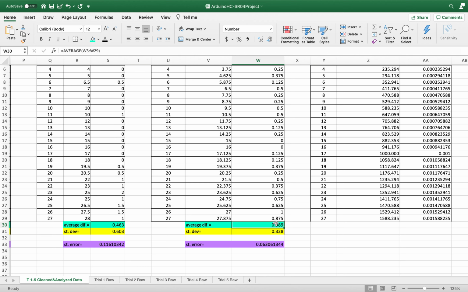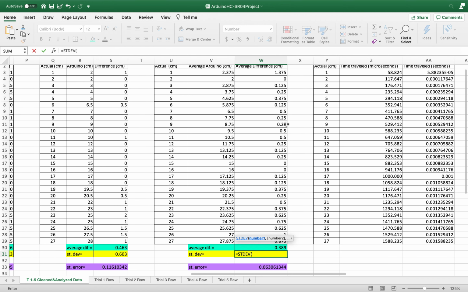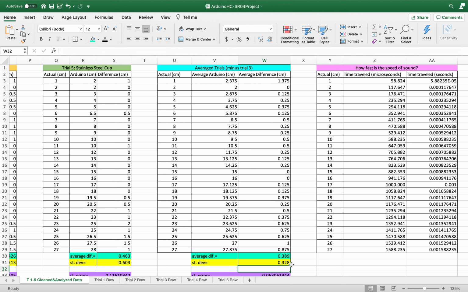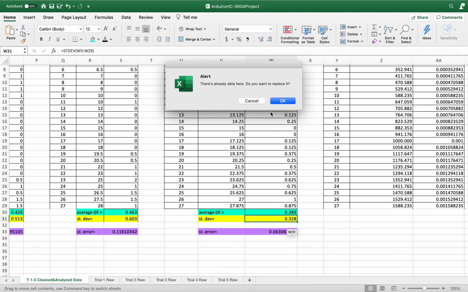My standard deviation, which, you just go in and use that Excel function, equals standard deviation, and come up here and drag down, and it gives you your standard deviation. Beautiful standard deviation there, super easy.